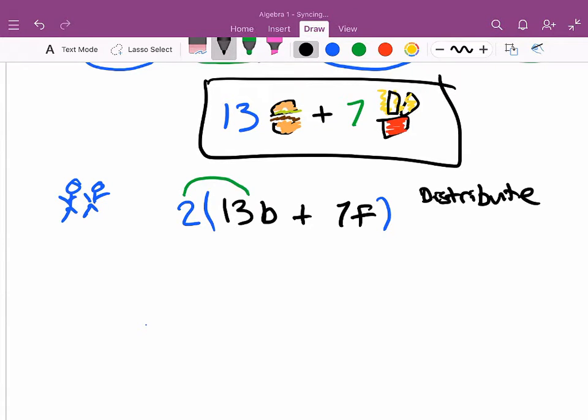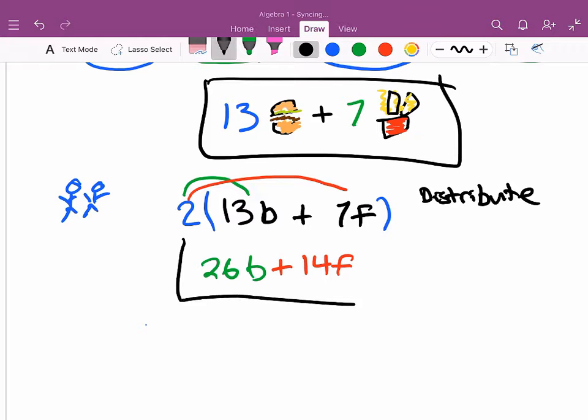So that means 2 times the 13. 2 orders of 13. 13 plus 13, 26. I'm going to say 26 burgers, all right? And then 2 to the french fries too, because isn't that both of them getting 7 french fries? What's 2 times 7? 14. So plus 14 french fries. That would be my simplified order, okay?